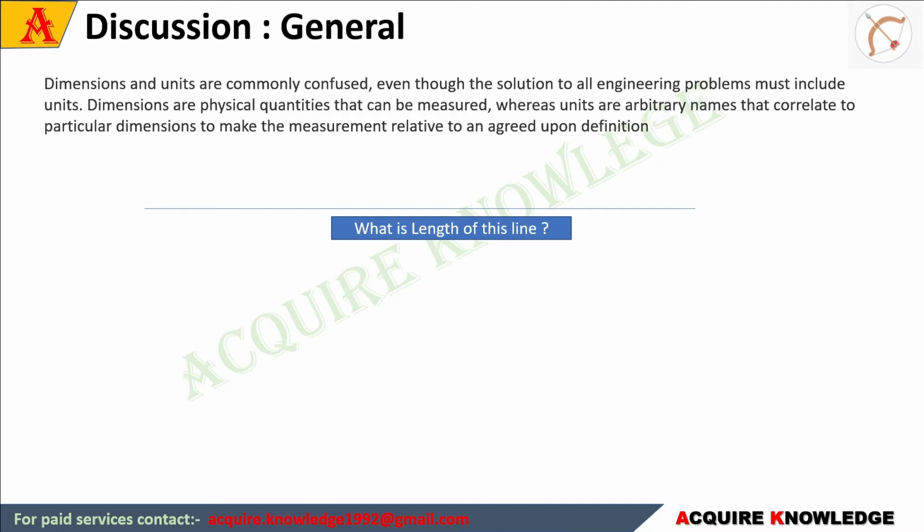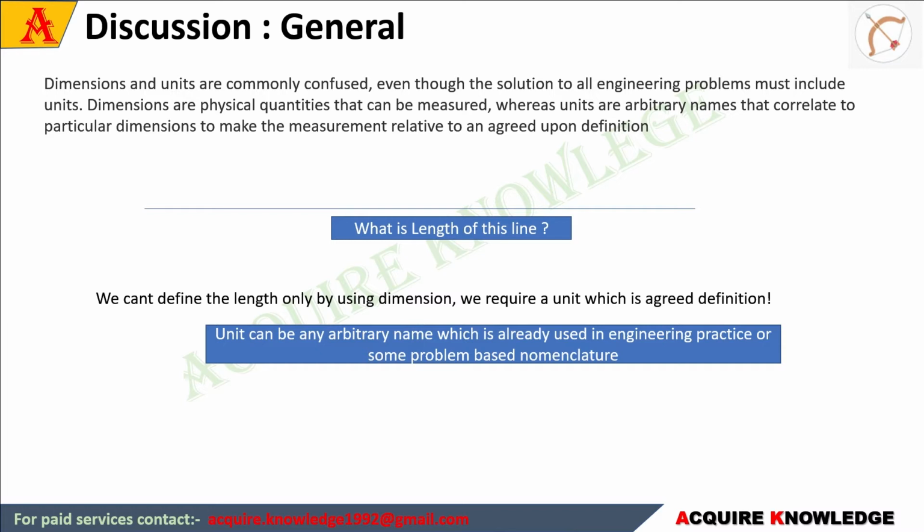The answer is no. To define any dimensional quantity, we require a dimension plus a reference, and that reference is called a unit system. Now, a unit can be any established name in engineering practice or some arbitrary name that we give to that unit system.